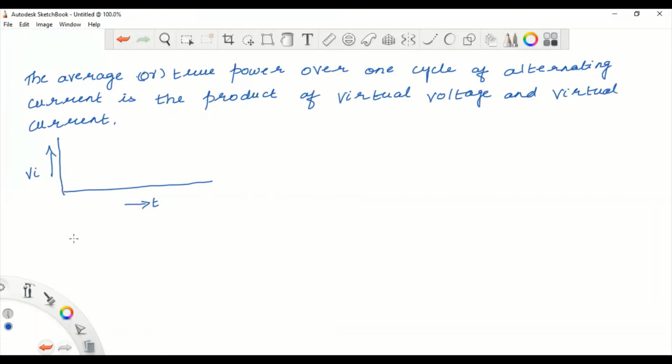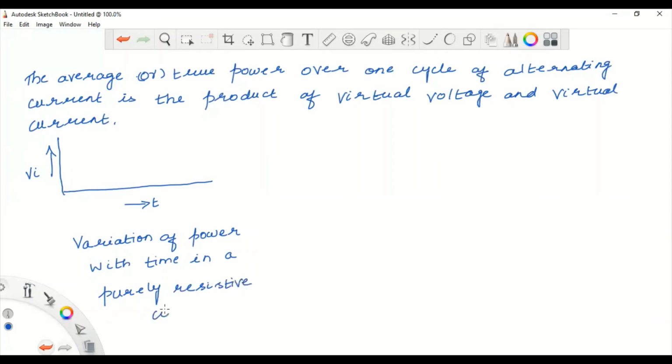So this is the variation of power with time in a purely resistive circuit.